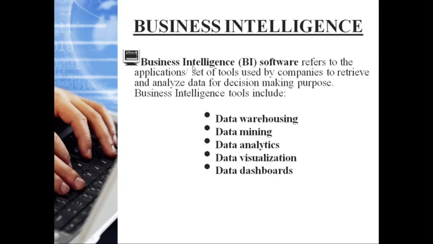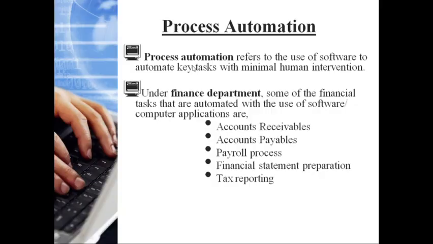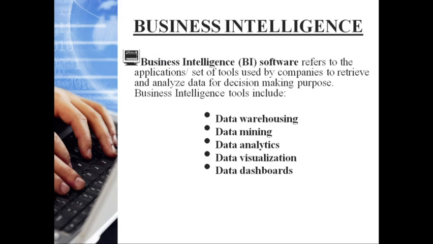Process automation is wherein you use software in order to perform key tasks automatically, while business intelligence uses software in order to retrieve data, search a particular data and analyze a mentioned data for decision making. So business intelligence is a use of software that enables the organization for effective decision making.